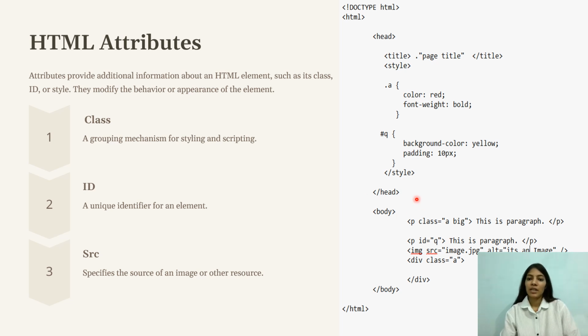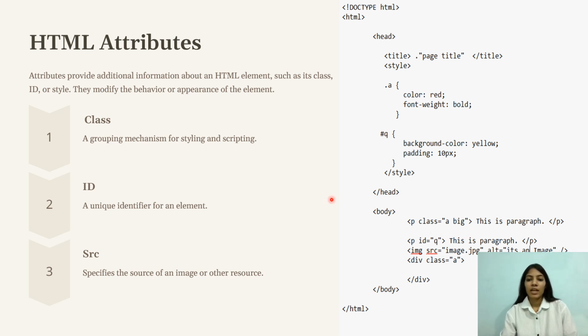Then HTML attributes. We can give any element some attribute, like here the p tag, which is for paragraph. In the p element we have given it the classes a and big. A and big are different classes, so we can give one element different classes at the same time, and these help us style it better with CSS.